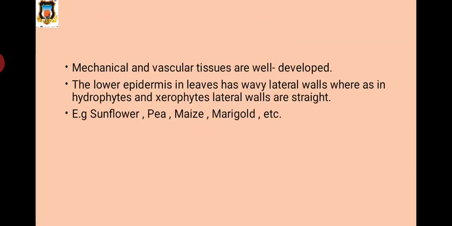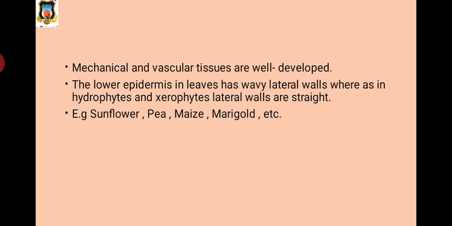The mechanical as well as vascular tissues are very well developed. The lower epidermis in leaves has wavy lateral walls, whereas in hydrophytes and xerophytes the lateral walls are straight.